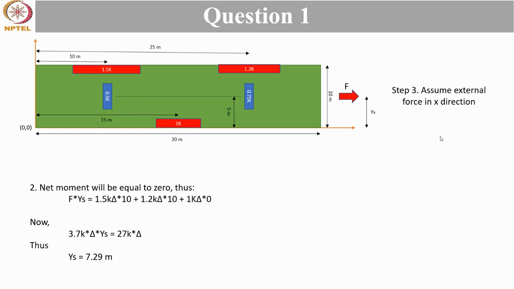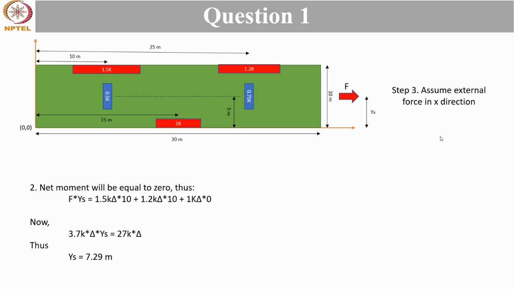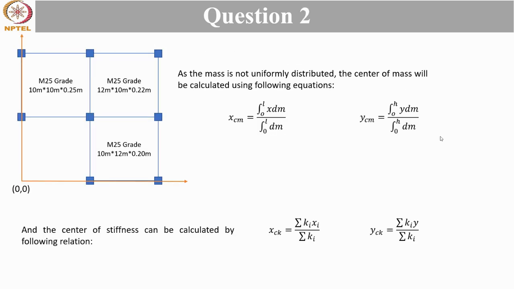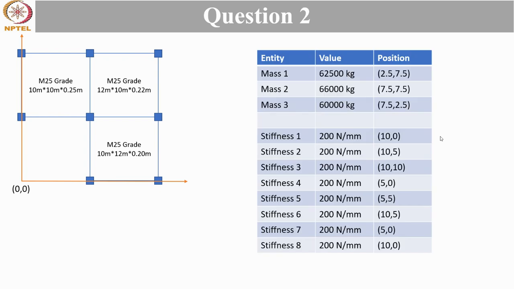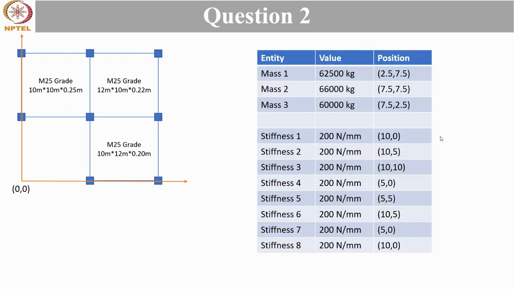So here, the RHS is nothing but the summation of moments, and the LHS is nothing but the summation of stiffness forces, because F is equal to K1 plus K2 plus K3 into delta, and delta will always cancel out. So it will end up with this relationship. We can now directly use this relationship rather than writing both equilibrium equations every time. Just to simplify the calculation, we will directly write the solution in tabular form.